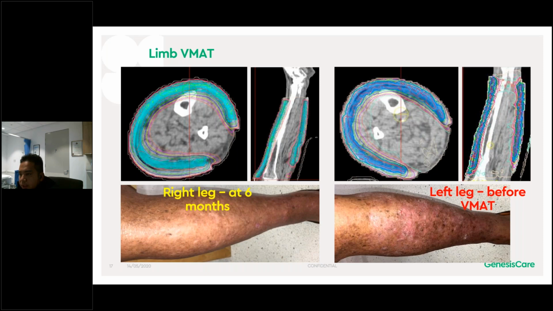And on the right-hand side of your screen, this is a picture of his left leg before he started treatment at the beginning of the year. That's how it would have looked on the other side, his other limb. I could not take any updated pictures for him because of COVID-19. He's only had a telephone consult with me the other day, but you can appreciate this sort of response.